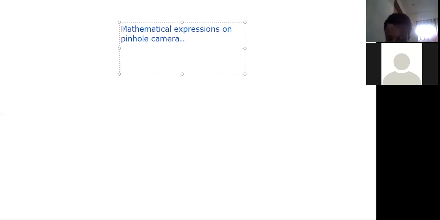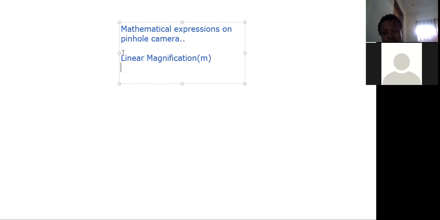Now, looking at all these factors, we are going to consider something called linear magnification. Now, when we talk of magnification, we are saying that it gives an idea of how many times an image is bigger than the object.